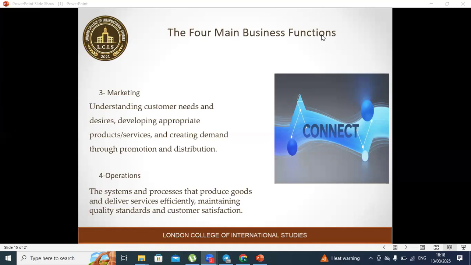Operations: the systems and processes that produce goods and deliver services efficiently, maintaining quality standards and customer satisfaction. We call it operation system.